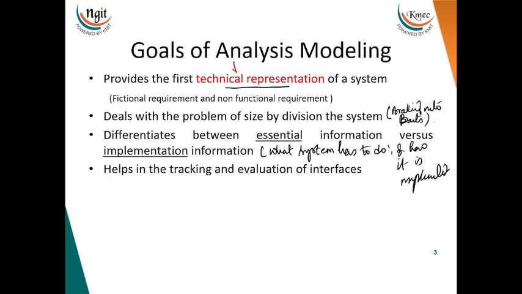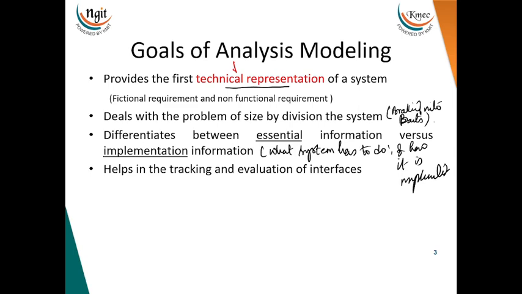All this detail deals with the problem of size, or division, meaning breaking down the modules or the project into parts and explaining what each part looks like. It differentiates between essential information versus implementation: what the system has to do, and how the system is implemented.